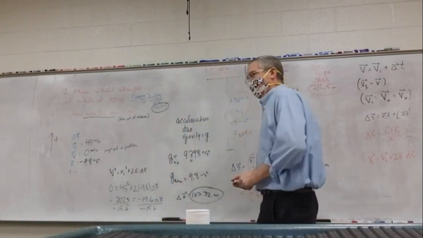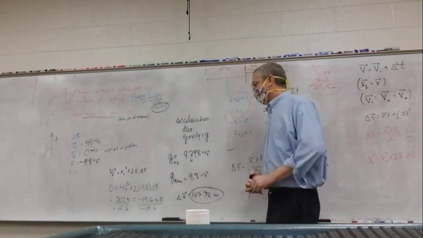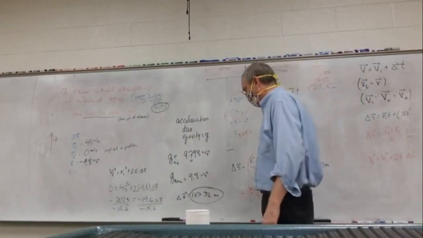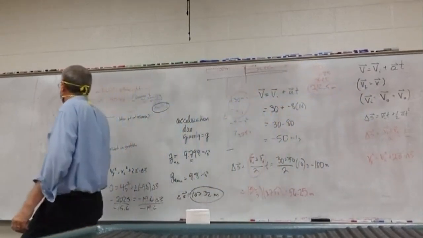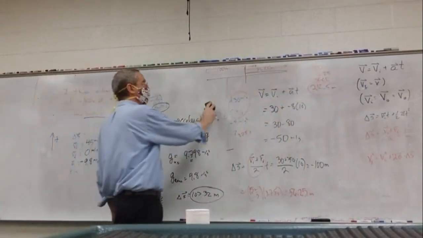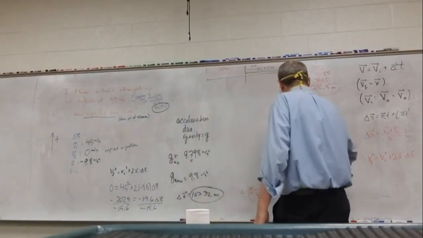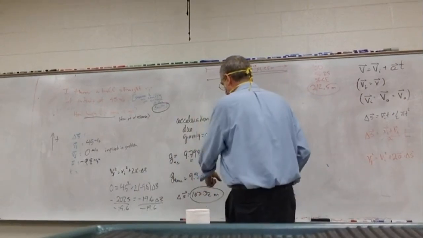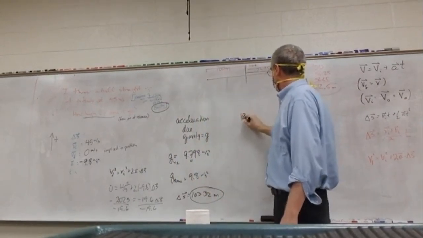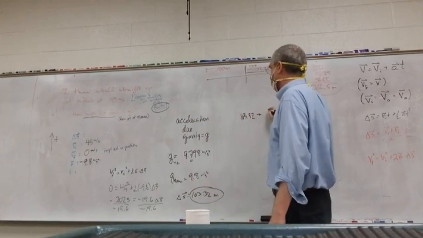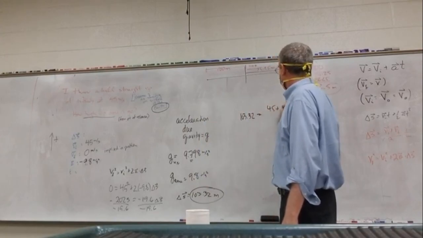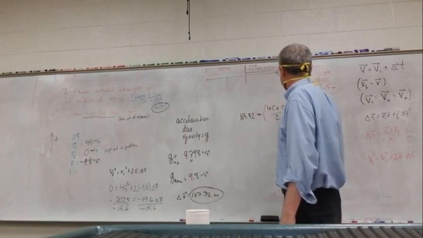How much time does it take? Which equation would you use to figure out the time? Okay, now that we have that, 103.32 equals 45 plus 0 divided by 2 times time.